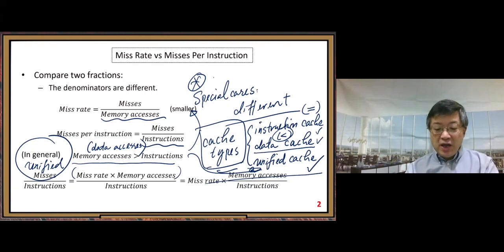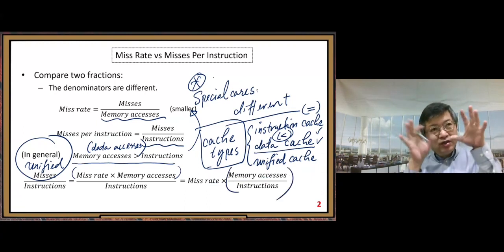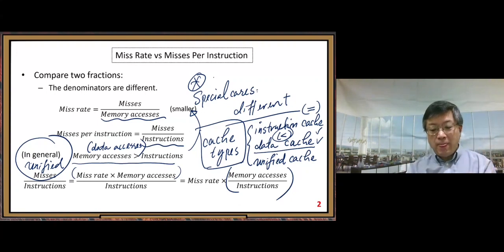Then we separate: the miss rate, multiplied by this fraction. We put this fraction out of that miss rate. You can see this is another concept called memory accesses per instruction.